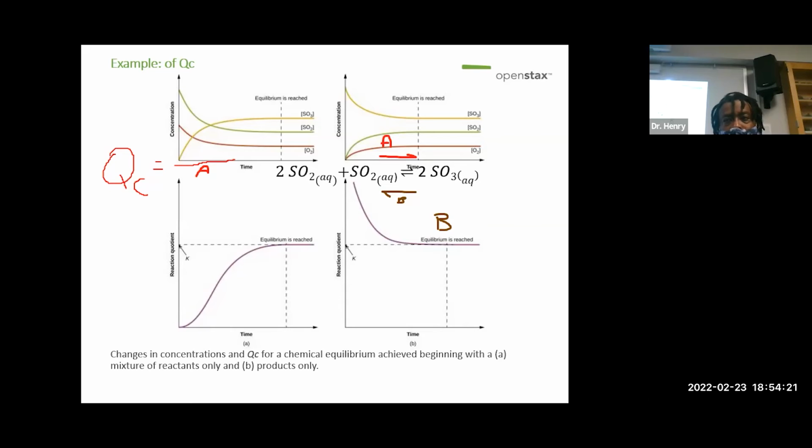Concentration of what's going to be on top? The products. And it's squared because of the coefficient.